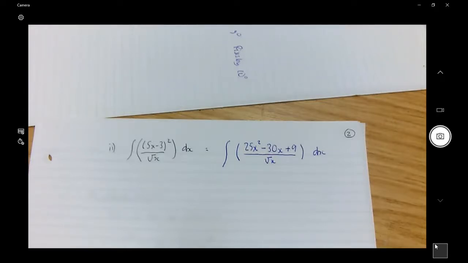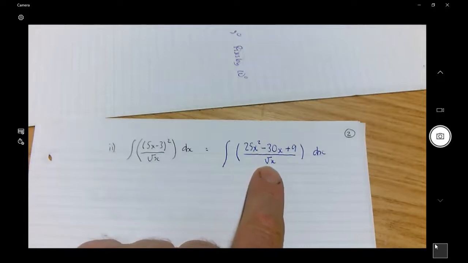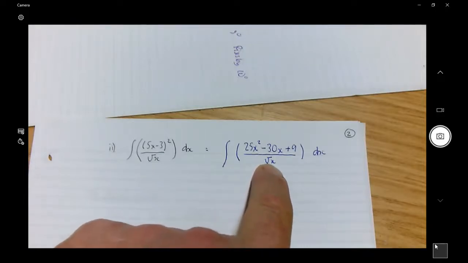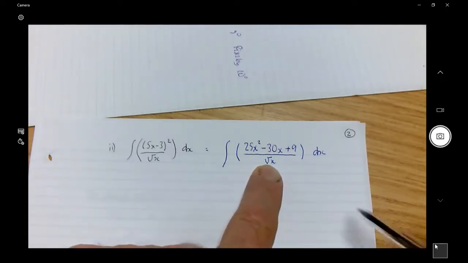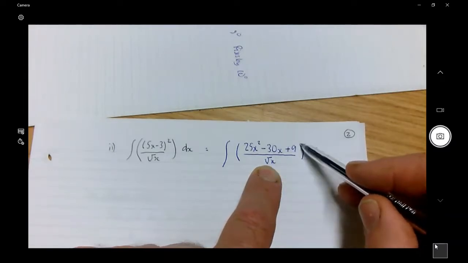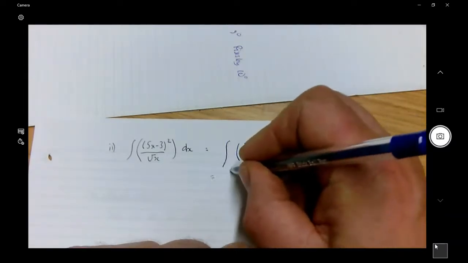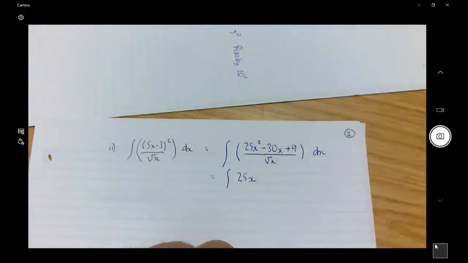Now, next job is to divide by root x. That is x to the power of a half. Okay? So all I've got to do is divide each one of these by x to the power of a half. So I've now got the integral of 25x. Now, 2 minus a half is 1.5.